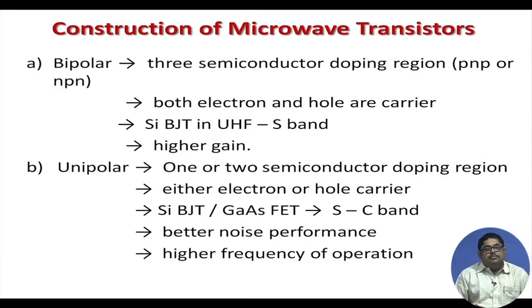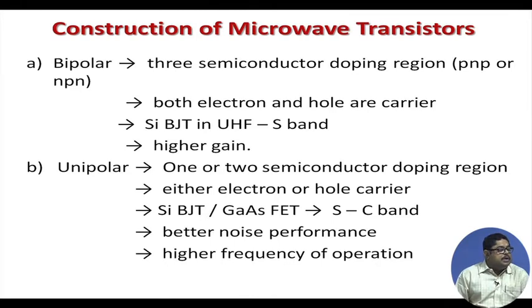These have higher gain, but you can also have unipolar transistors. In unipolar there are 1 or 2 semiconductor doping regions, and there is only one carrier, like low frequency devices: either electron or hole will be the carrier depending on the channel.